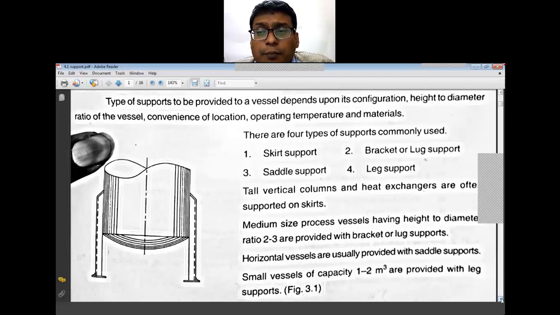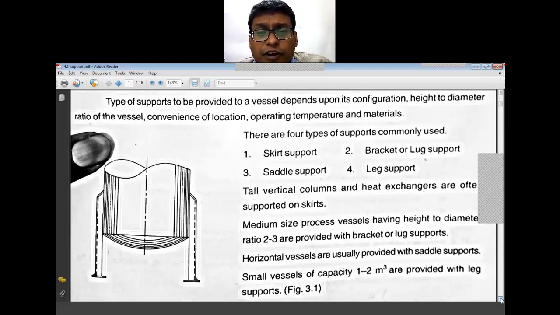The bracket supports or lug supports are used where the L by D ratio is 2 to 3. That means diameters are from 2 meters to 5 meters, and heights are not more than 10 or 15 meters or so. Generally these bracket or lug supports are used for locations inside buildings.